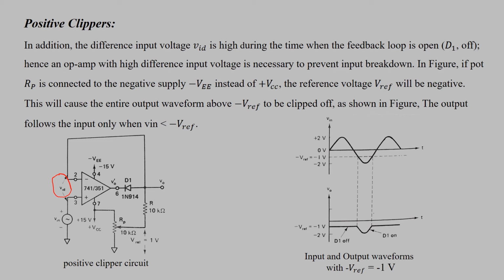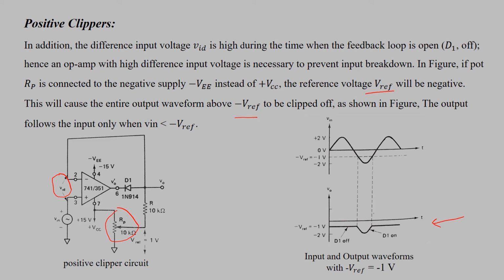In this figure, if the potentiometer RP is connected to the negative supply instead of the positive supply, then the V reference will be negative and this will cause the entire output waveform above minus V reference to be clipped off. This is as shown in this figure, and the output follows the input when the input is less than the V reference.